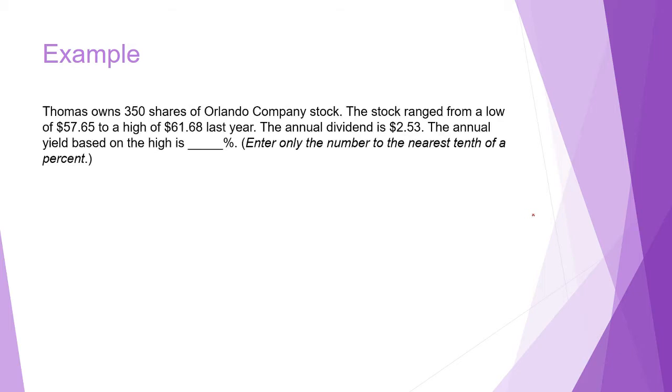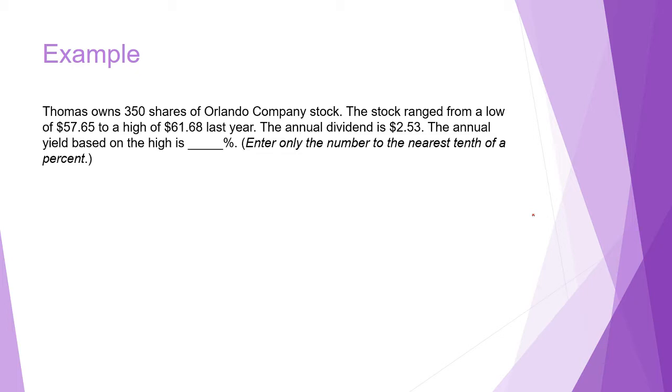Thomas owns 350 shares of Orlando Company stock. The stock ranged from a low of $57.65 to a high of $61.68 last year. The annual dividend is $2.53. What's the annual yield based on the high?